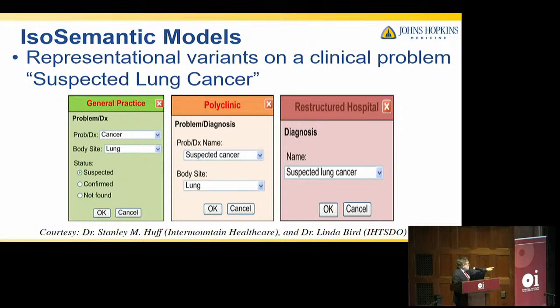You can see it with the provenance on the bottom from lots of people that contributed to this fairly contrived example, but nevertheless, you get the idea. That you can decompose suspected lung cancer into a cancer problem of the lung that it's suspected. You can put them together where you've got a suspected cancer and it's of the lung. That's probably quite contrived. But nevertheless, you can then recompose them all.